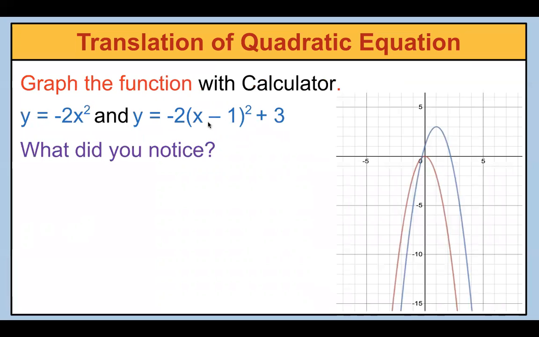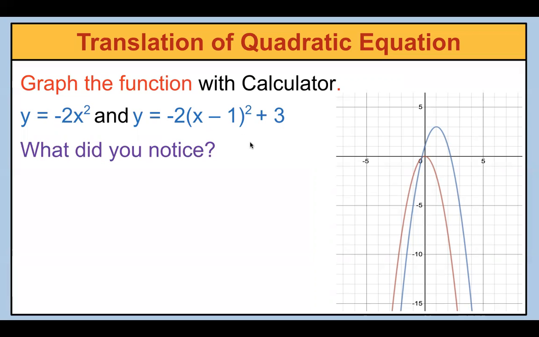So what is the vertex of this one? Let's look at the graph. We know that this is 0, 0 for this one. But now if you draw the graph, this blue curve, the vertex is when x is 1, y is 3, right? So you can see the vertex from the equation. That's why we call this vertex form.